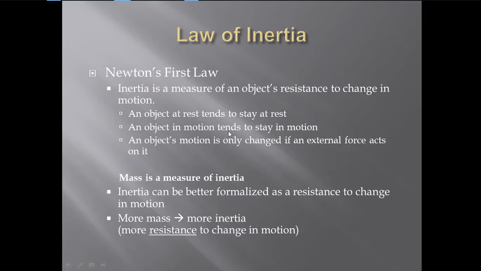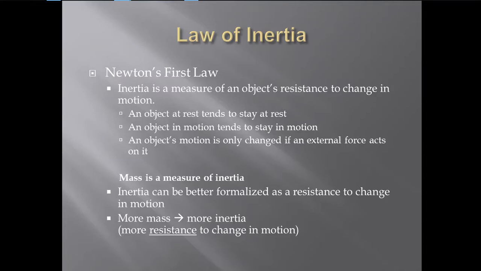Same thing can be said for objects in motion. Let's think of a transport truck going 100 kilometers an hour on a highway, and a small car going 100 kilometers an hour on the highway. If both of those objects slam on their brakes, the truck is going to take a long time to come to rest, whereas the car can stop very, very quickly.